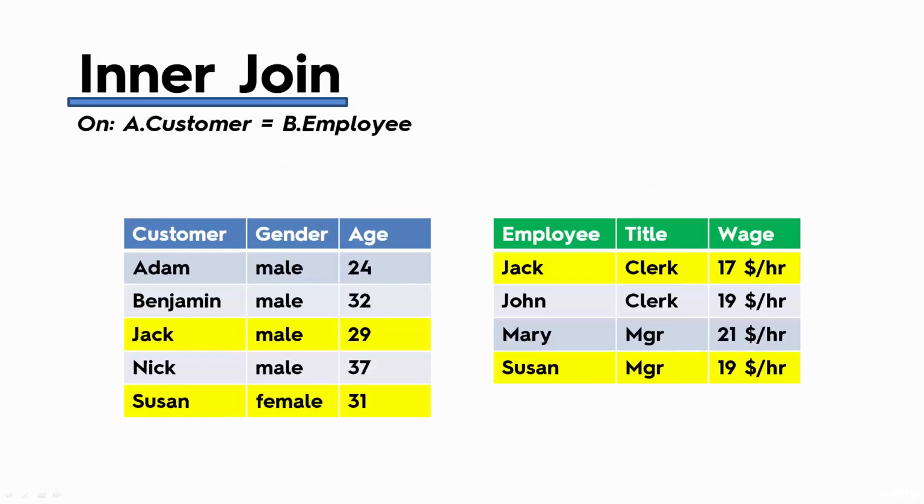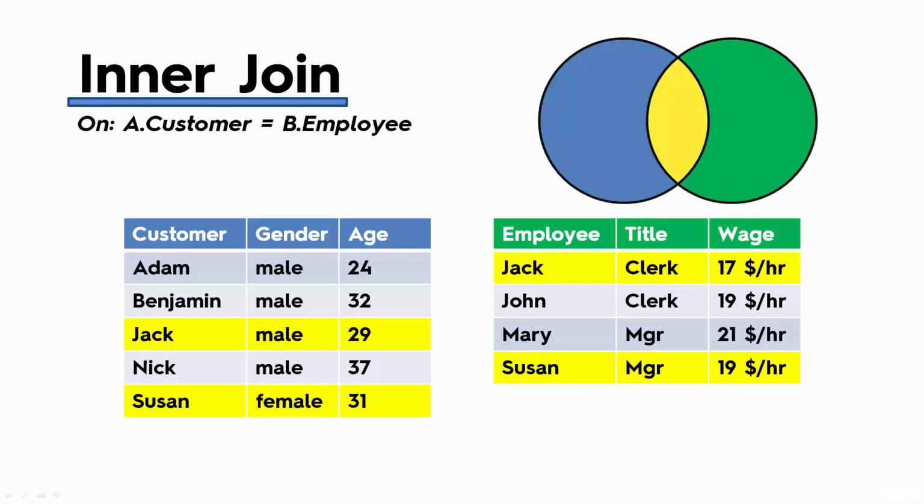Well, if we start off with an inner join, let's have a look at how it will work. An inner join will take the two tables and look at only their intersect. So if we're joining our tables on customer equals employee, and it's an inner join, then the remaining rows will only be the matching rows.